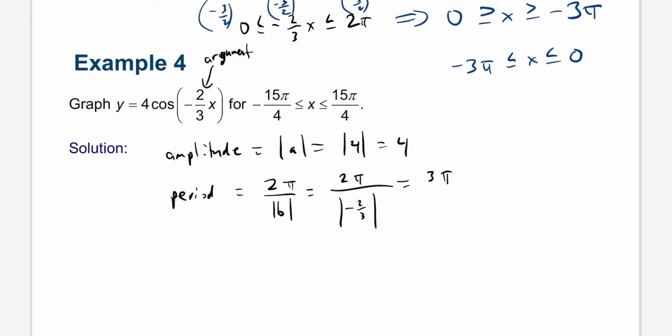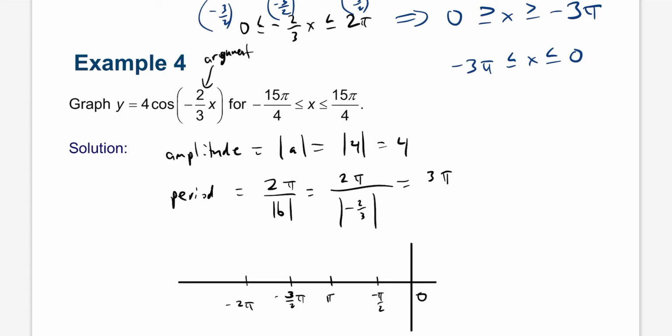So let's sketch this curve. This time 0 is here. We got -1/2 pi, negative pi, -3/2 pi, -2 pi, and so on and so on.